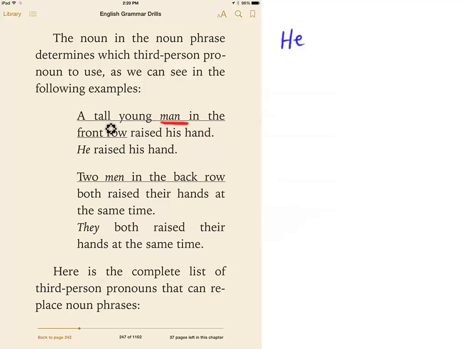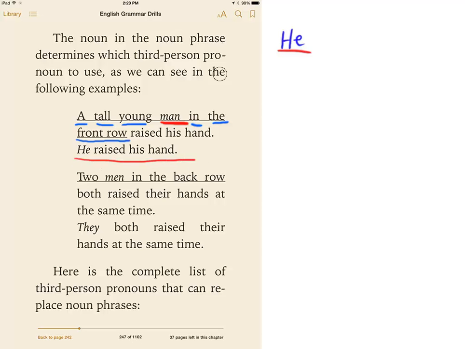But it also is going to replace all the modifiers. A, tall, young, all describe man. In the front row tells where the man is. It also modifies the noun. All those things are replaced with he. All right? So, a tall young man in the front row raised his hand. He raised his hand. All right?